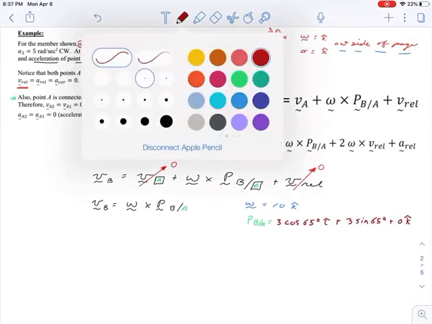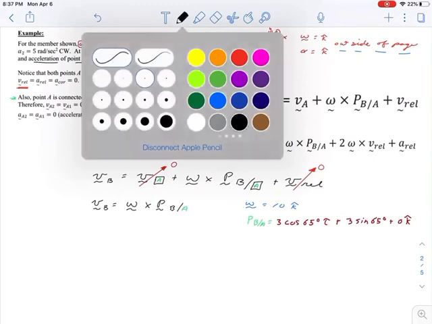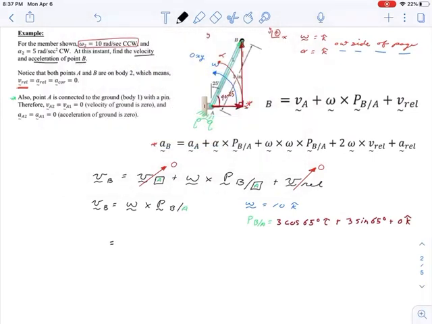So now we just have to do the cross product or the determinant of I, J, K. This would be the W, with respect to A. So this would be 0, 0, 10. 3 cosine 65.